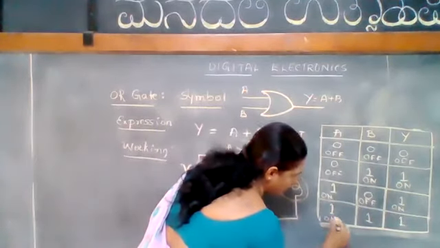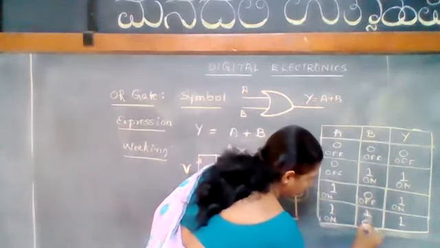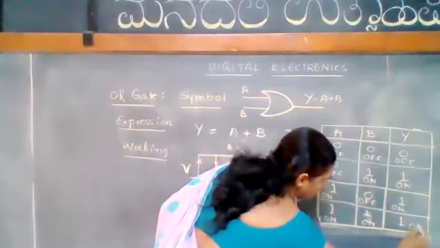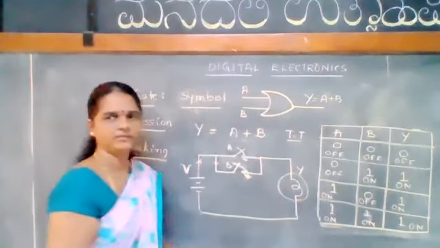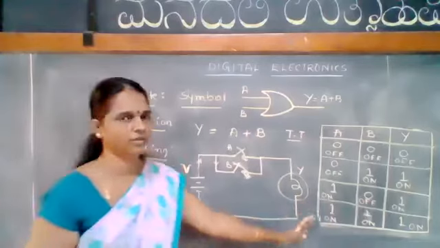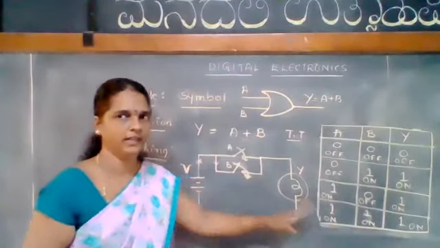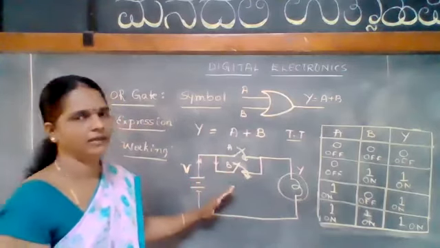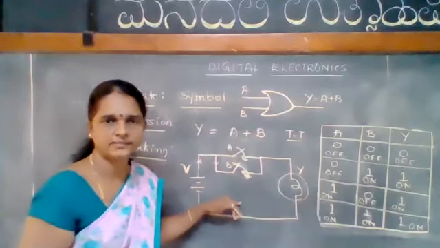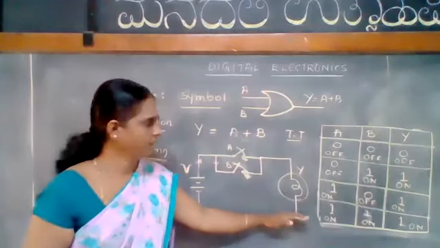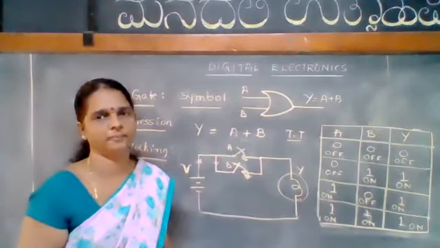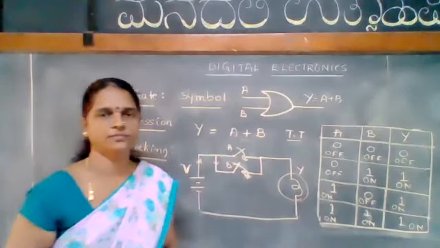So A is on, B is also on, and the bulb is also on. This is how we can interpret the truth table of an OR gate with the electrical circuit, with two switches connected in parallel with one source and a bulb. This is the working of an OR gate.